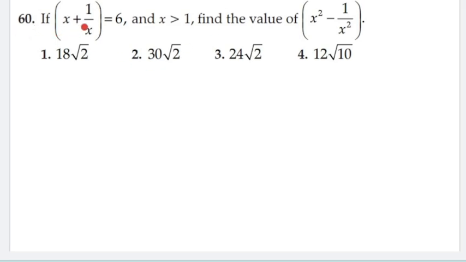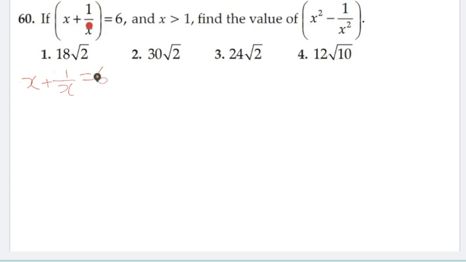If x plus 1 by x equals 6 and x is greater than 1, find the value of x square minus 1 by x square. So first, what is given here? Here it is given that x plus 1 by x is equal to 6.